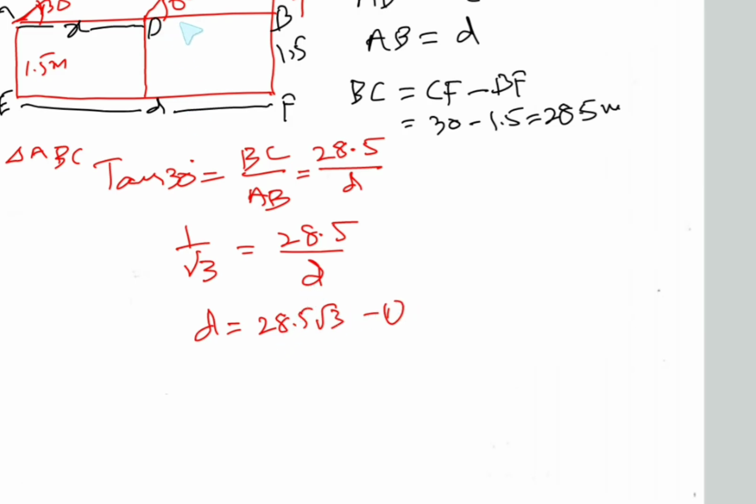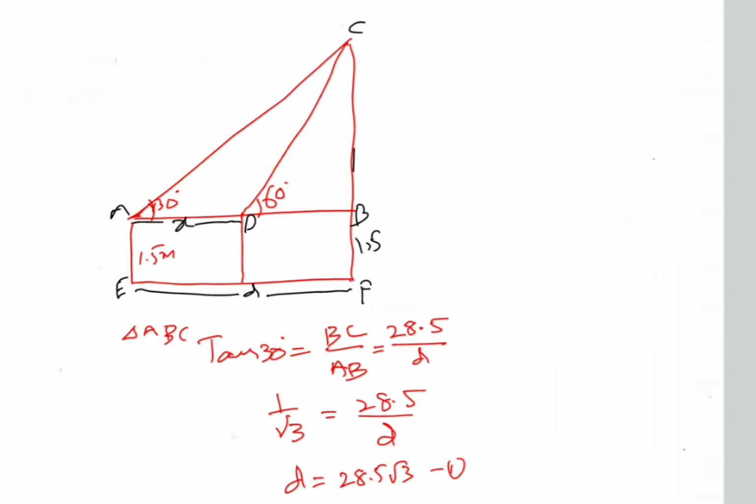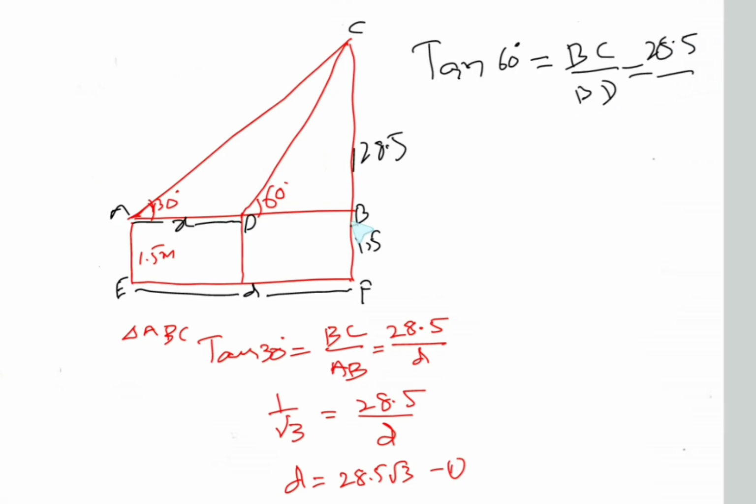And we need to find DB from triangle BDC. Tan 60 is equal to BC by BD. BC is 28.5 meters, and BD is equal to d minus x.